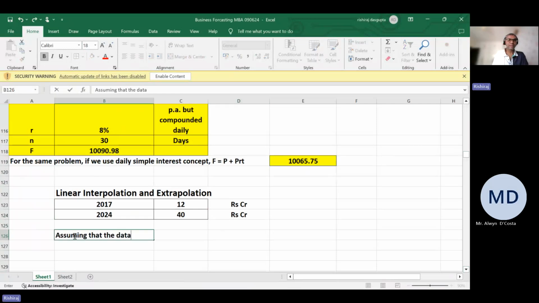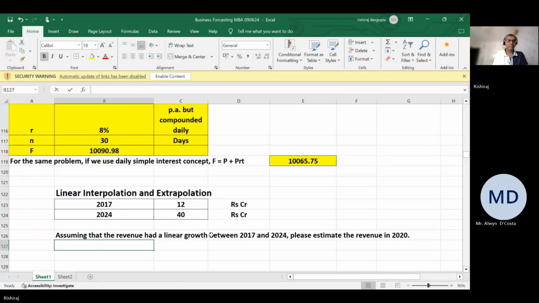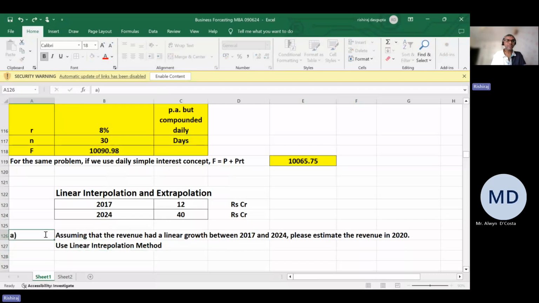Assuming that revenue had a linear growth between 2017 and 2024, please estimate the revenue in 2020. Use the linear interpolation method.